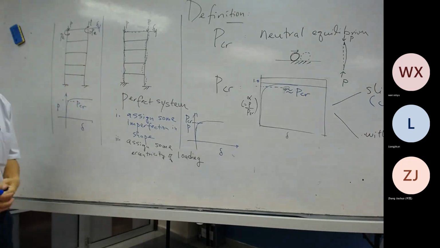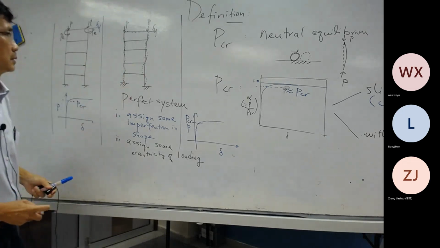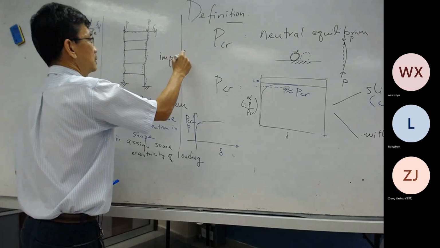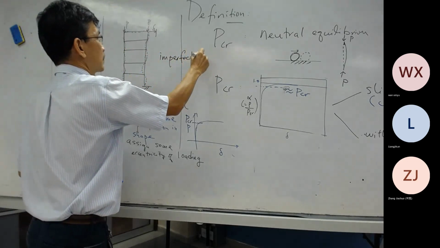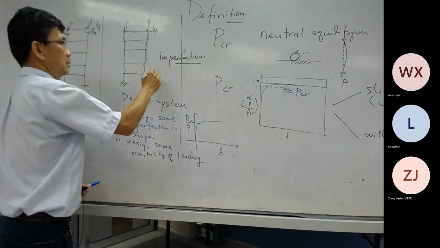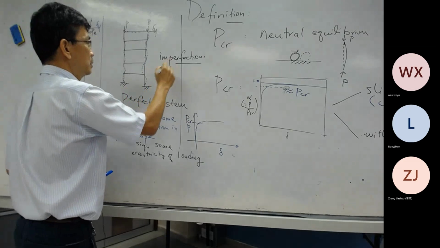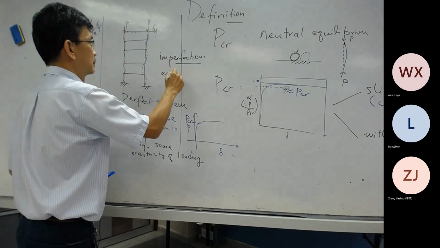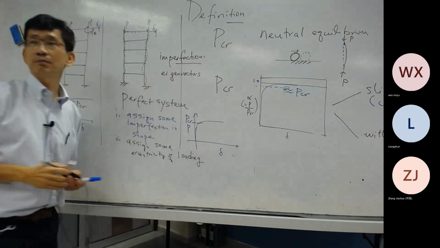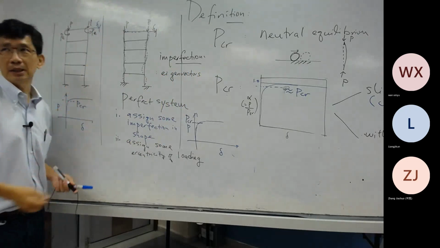So there are some techniques that we can choose to apply these imperfections. This is only for knowledge. We will not be able to cover that. If you are doing your research on buckling, we use the eigenvectors, which is the buckling mode.